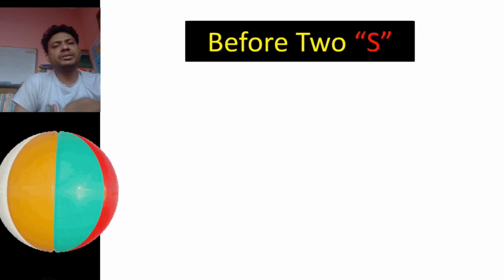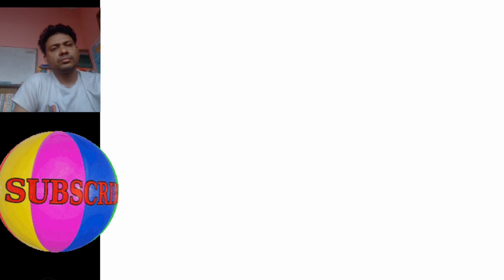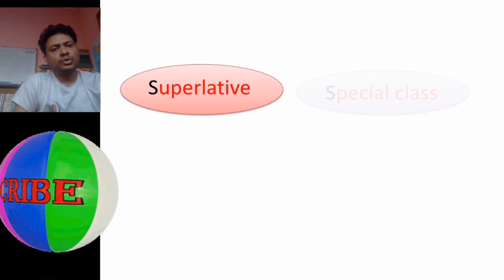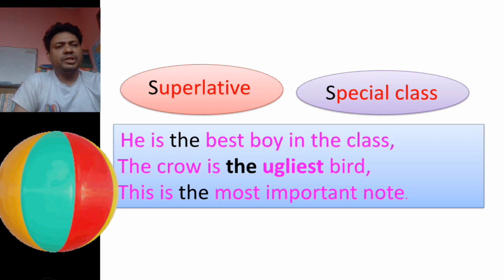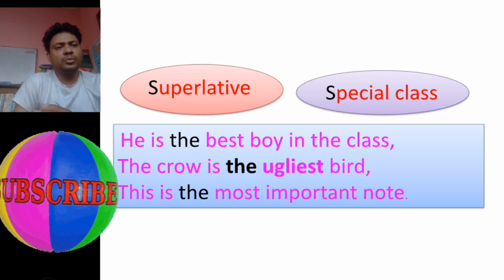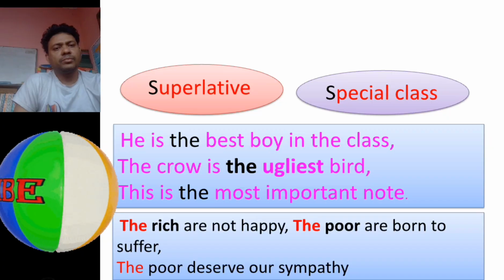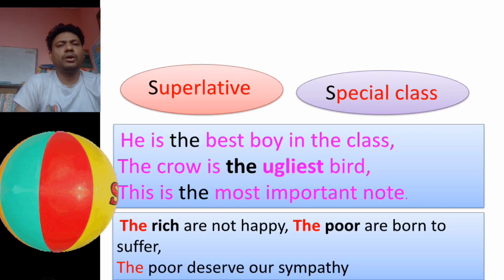Before two S's, দুইটা S এর আগে দিবে তা অবশ্যই। They are superlative, a special class. He is the best boy in the class. The crow is the ugliest bird. This is the most important note. Okay? The rich are not happy. The poor are born to suffer. The poor deserve our sympathy.